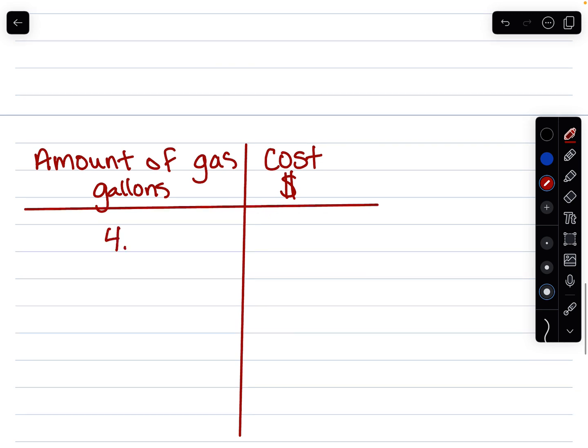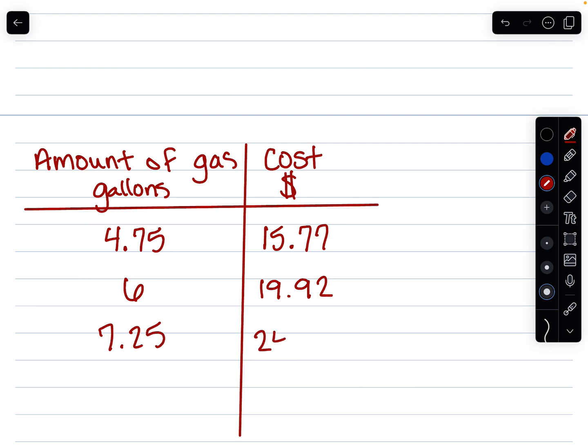So 4.75 gallons cost $15.77. 6 gallons costs $19.92. 7.25 gallons costs $24.07. And 8.5 gallons costs $28.22.